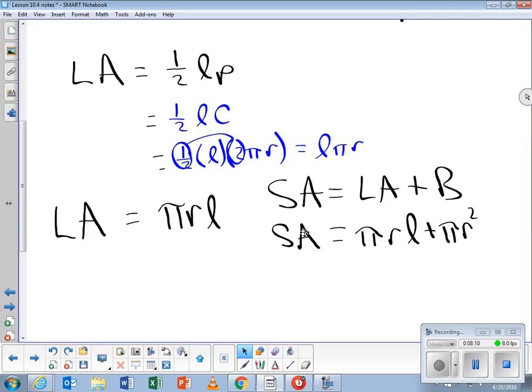So those are the two formulas for a cone, lateral area and surface area. Okay. Any questions on how or why I did what I did in blue here?